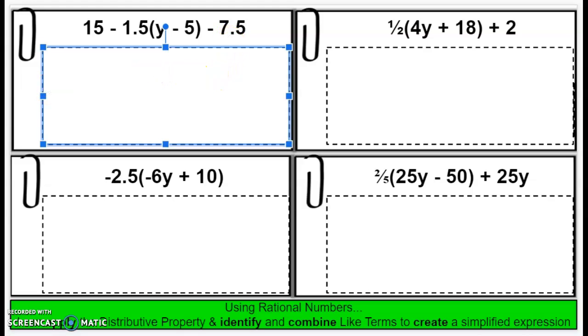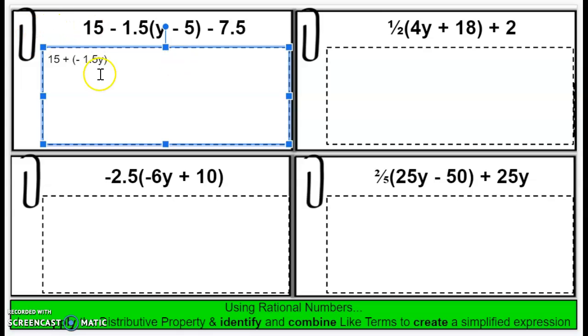So we're going to go ahead and rewrite this 15, and then we're going to minus 1.5y, and when we multiply 1.5 times y, we get 1.5y. How this works is we would add this together.